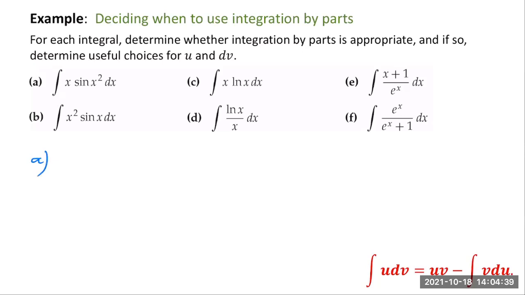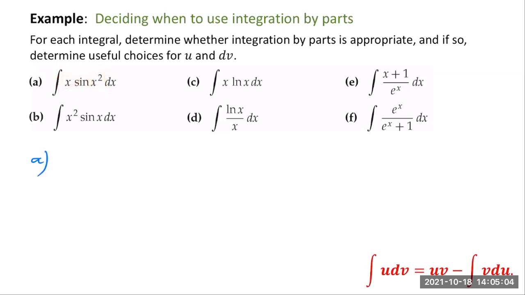For this one, clearly integration by substitution would be better. Integration by parts is not the best strategy in this case, because if you take this to be u, the derivative is there. The constant multiple of the derivative is outside. That's exactly what we want if we want to apply u substitution, right? So u substitution would be better in this case.